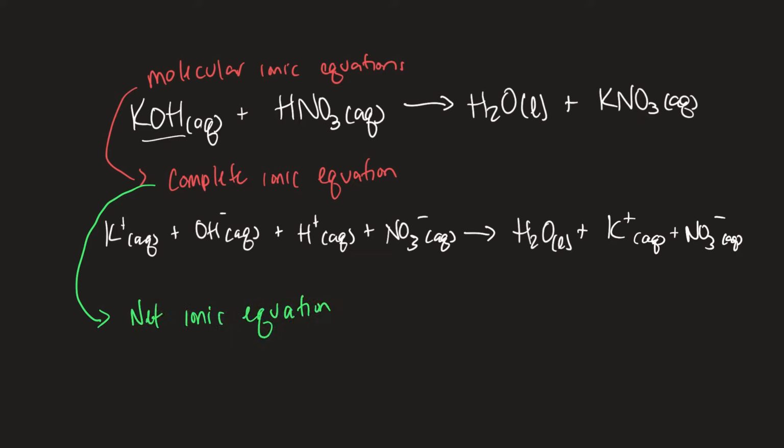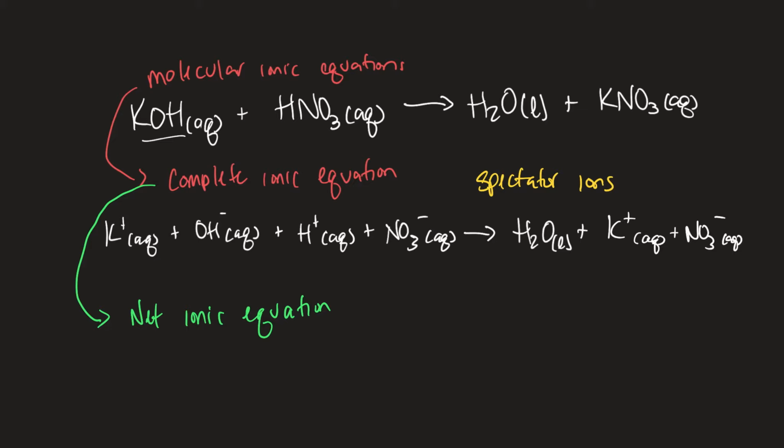Now to do that, we first need to identify what we call spectator ions. Spectator ions are ions that exist on both sides of the equation unchanged. So you want to look at your complete ionic equation and see what ions exist on both sides unchanged.